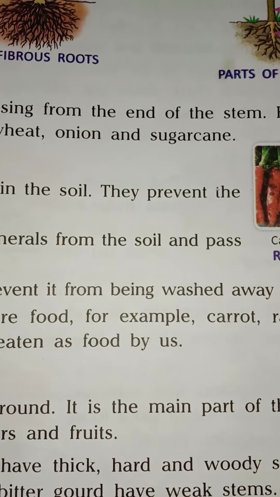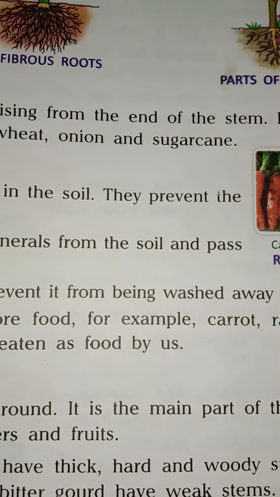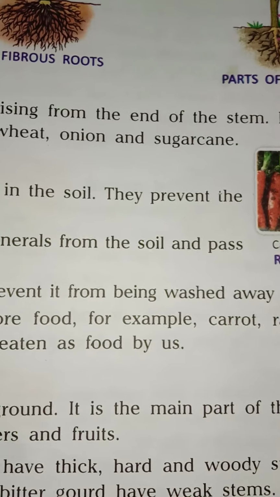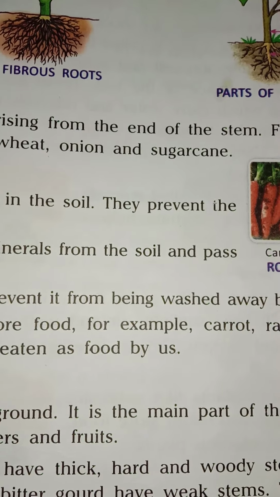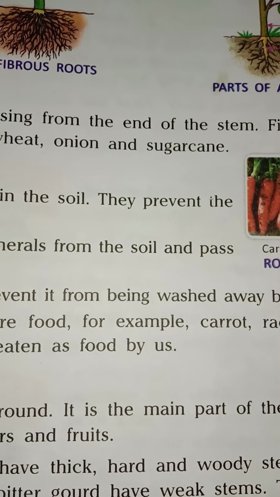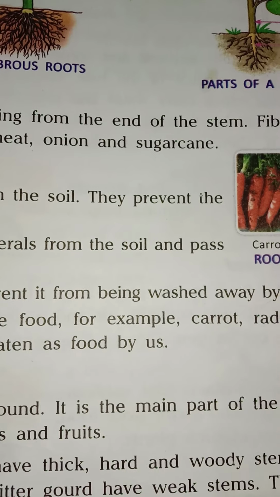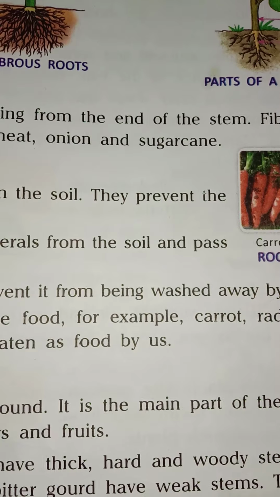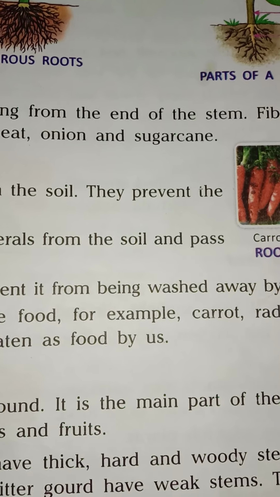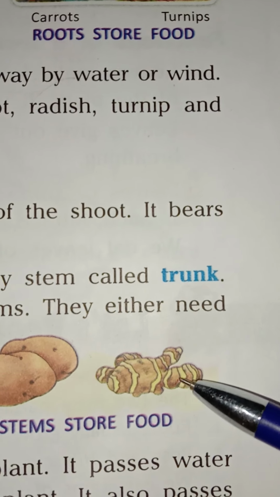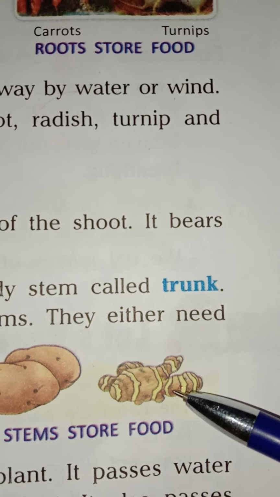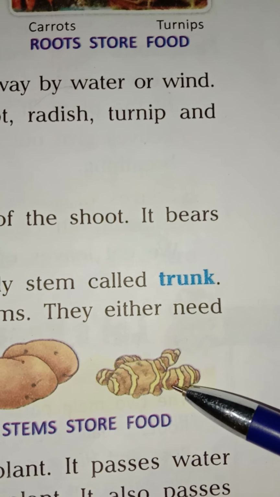Now, student, a creeper grows horizontally over the surface of the soil, striking roots at short distances. Striking roots means roots arising from the nodes. Now, student, this is node, and these are the roots arising from the nodes.